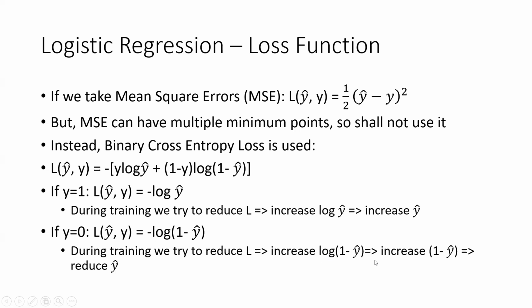That means we are going to increase 1 minus y hat, which means we are going to reduce y hat. To increase 1 minus y hat, you have to reduce y hat. Simple mathematics, right? So if y is 1, we are trying to increase y hat. When y is 0, we are trying to reduce y hat.